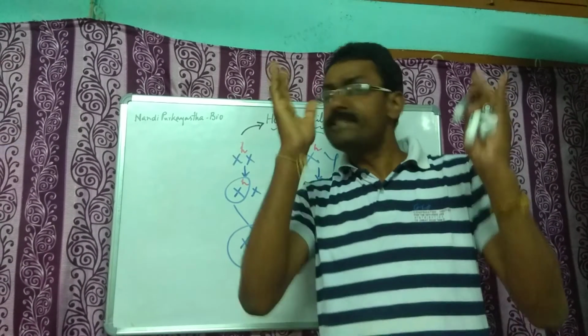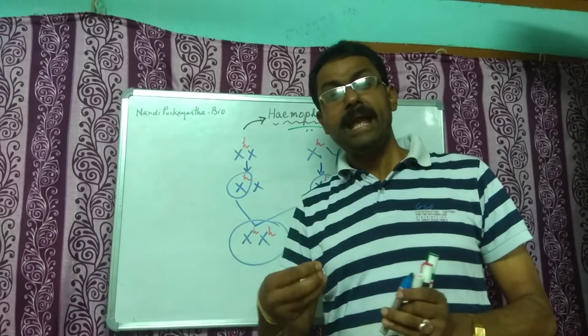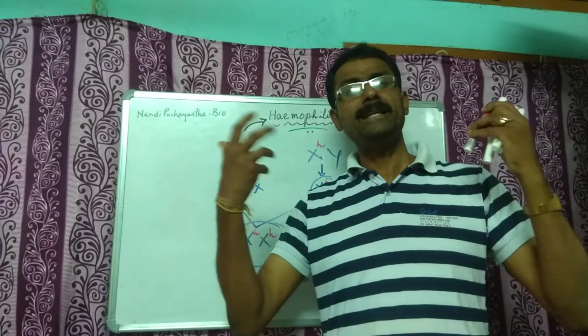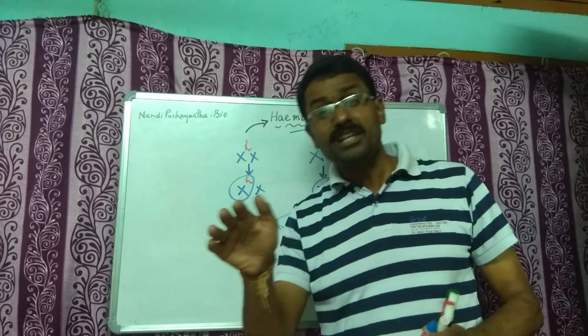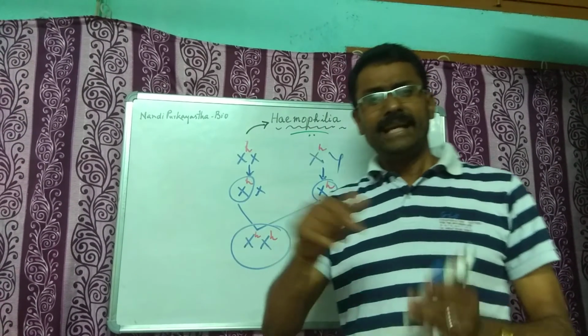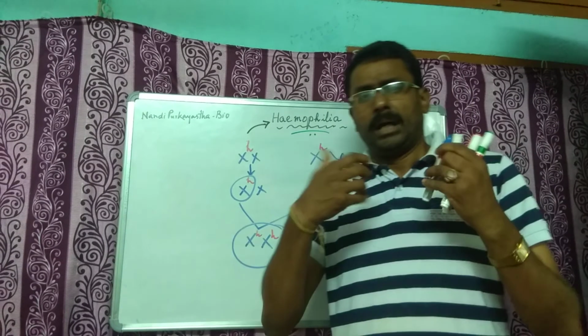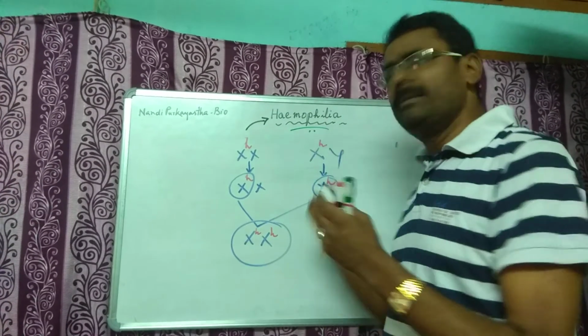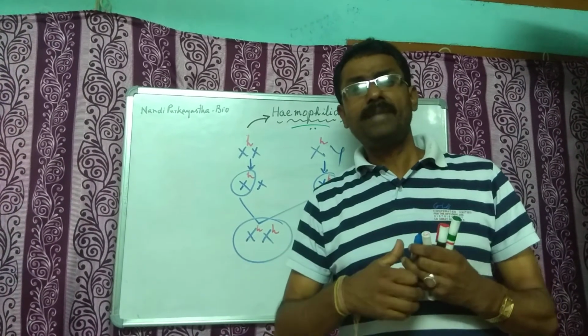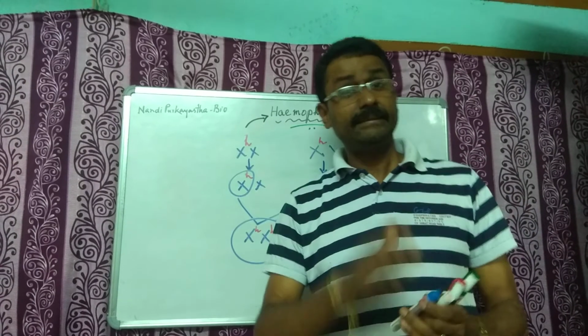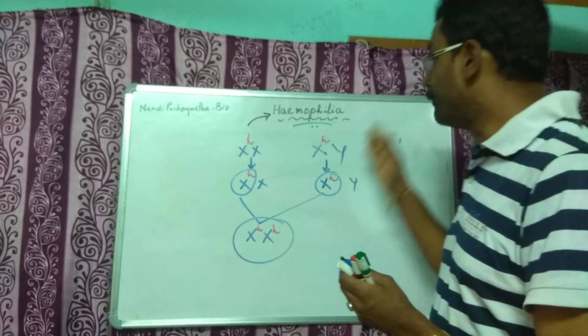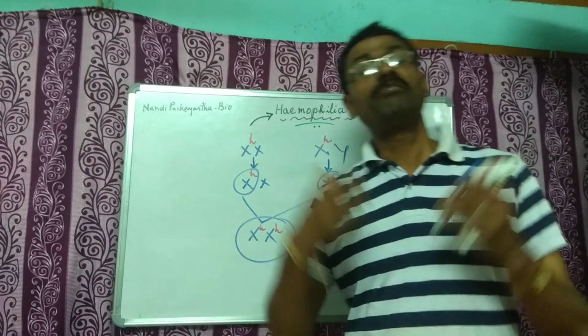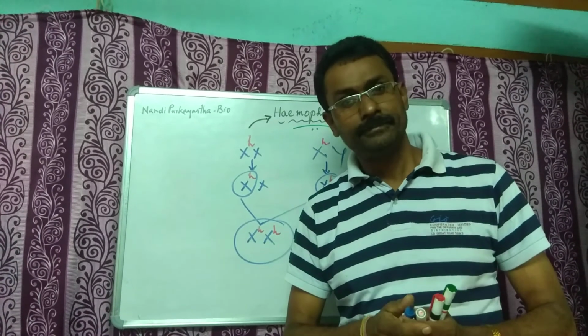Before that, the male dies because of tremendous bleeding. If he somehow reaches it, there is a high possibility that he may not have reproductive capability. That's why the males suffer from the disease and the females remain as carriers. Thank you.